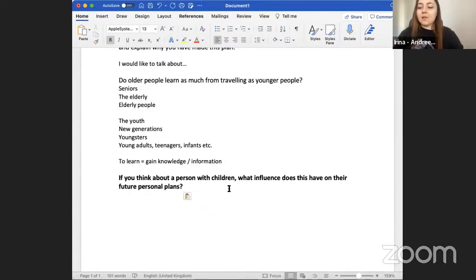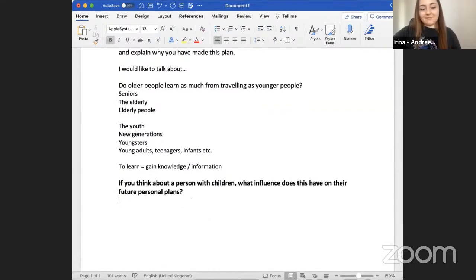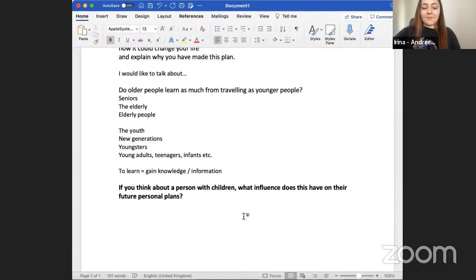So the plans of the parents. The influence of having children on the plans of the parents.